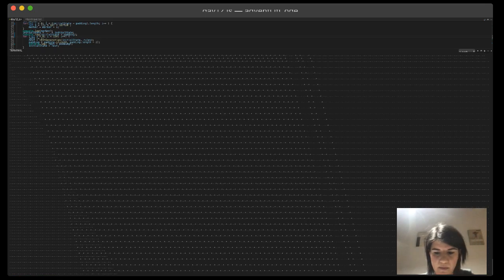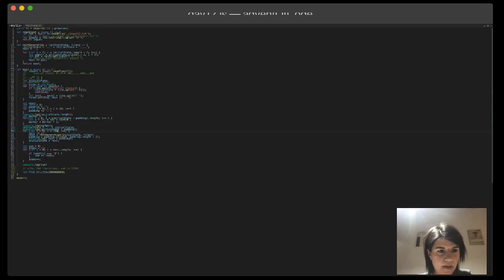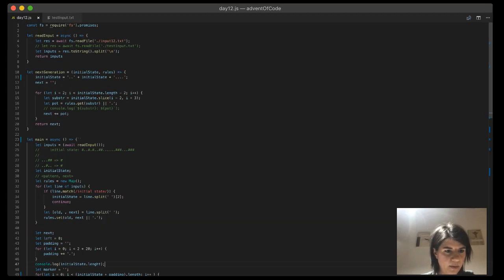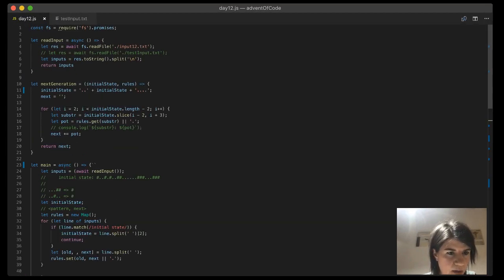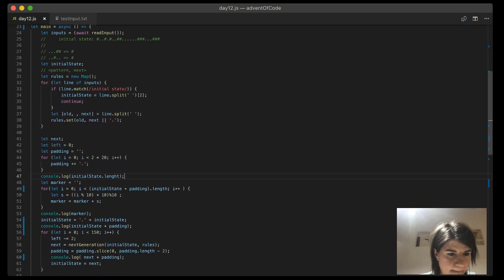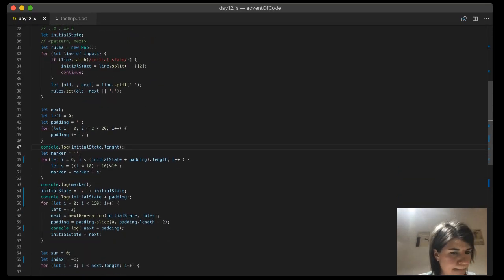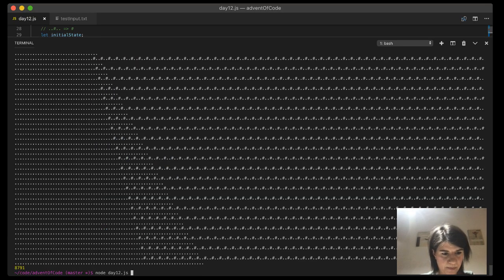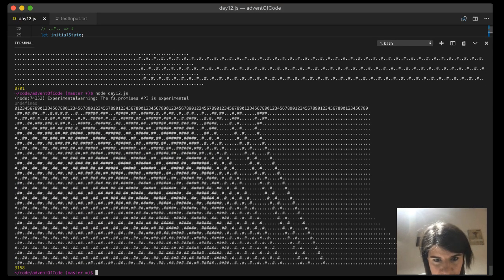Oh, it doesn't matter. So what I wanted to see is by how much I'm shifting in every round. I don't remember if it was 1 or 2, but I can actually check that. Where's my 150? If I just do 30 rounds. Okay, yes, it's shifting by just 1 every round.